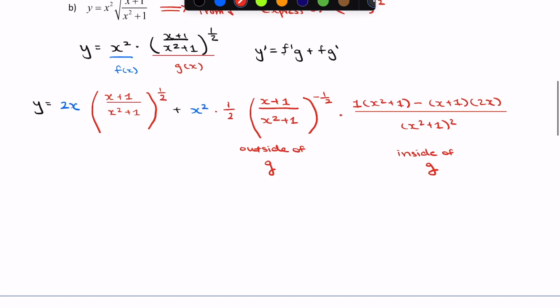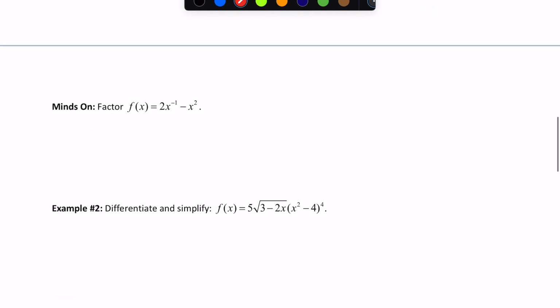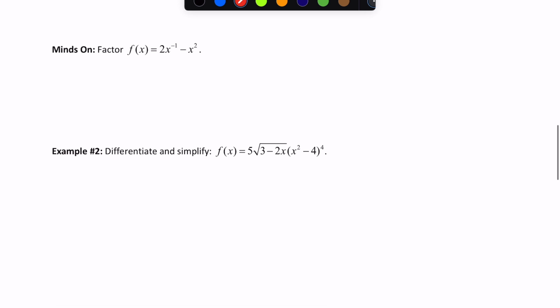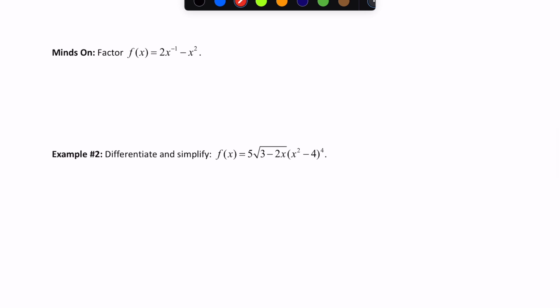Okay, so let's continue on. If you look at this, it says factor f of x is equal to 2x to the power of -1 minus x squared. So how do we factor this? Again, we always factor the x with the lowest exponent.